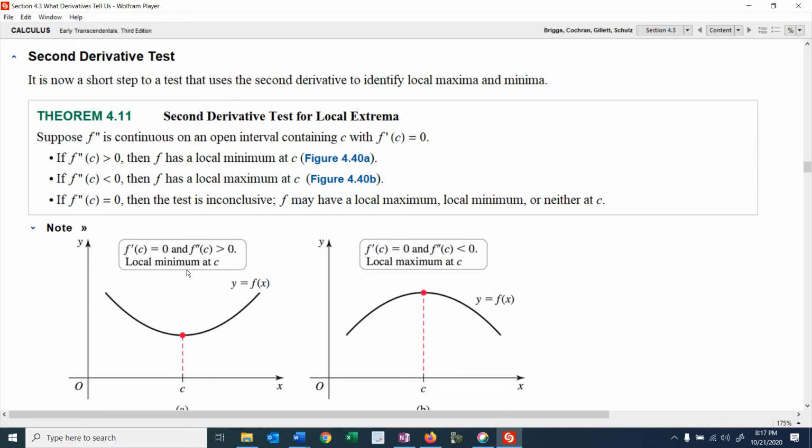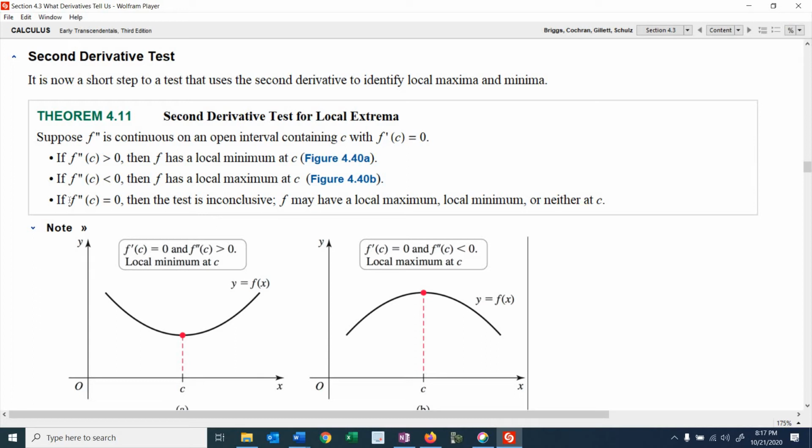That means you have a local minimum at c. That's how it classifies the critical number. If you plug the critical number into the second derivative and you find out it's negative, then that means it's concave down at c, which means it looks like this, and therefore you have a local maximum at c.